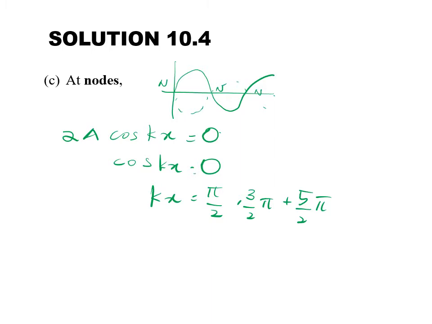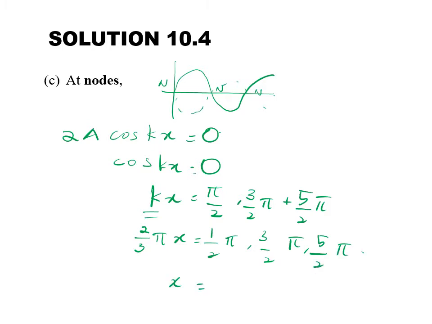So we have to rearrange from this list. You'll get 2/3 pi x, because this is the value of k, equal to half pi, 3/2 pi and 5/2 pi.